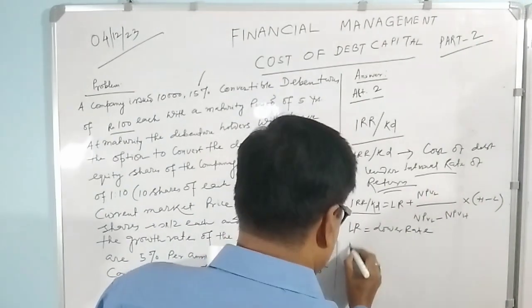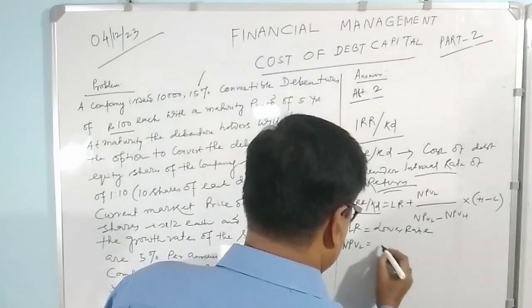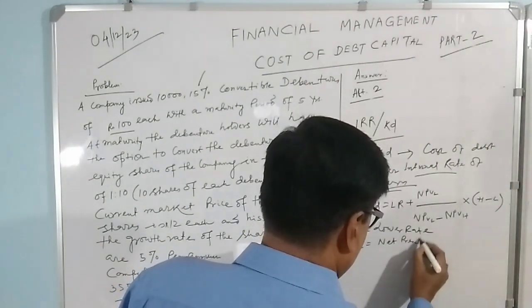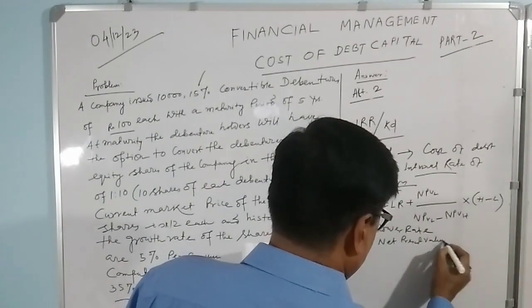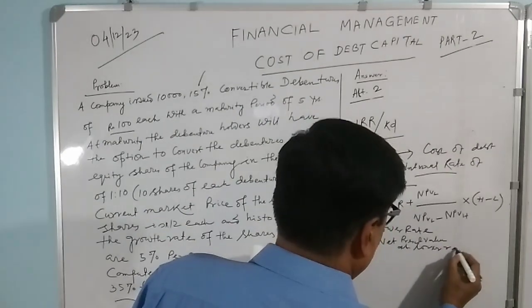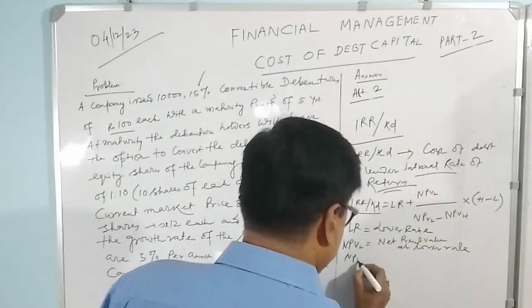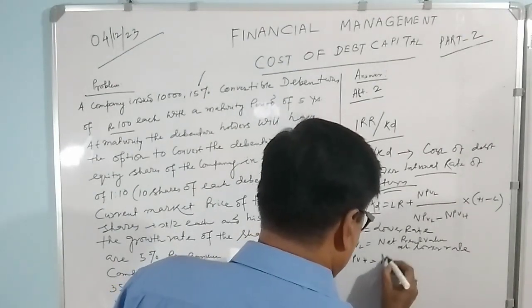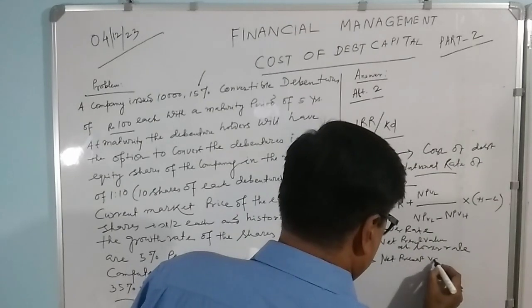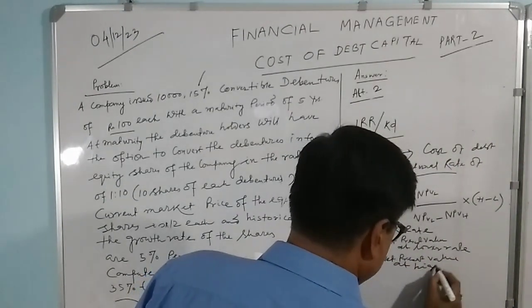NPVL equal to net present value at lower rate, and NPVH equal to net present value at higher rate.